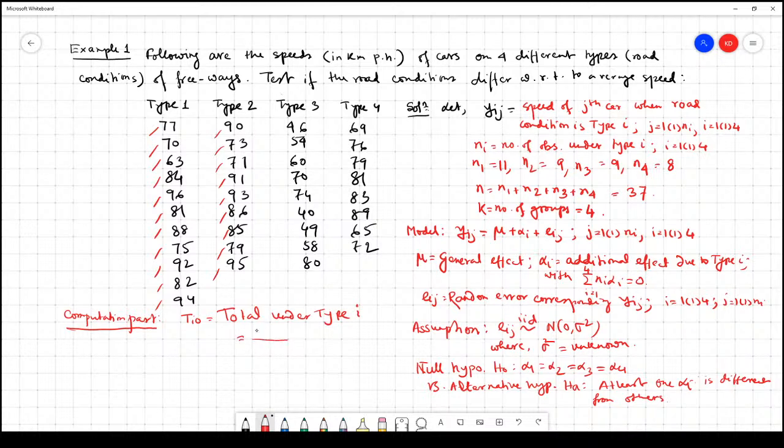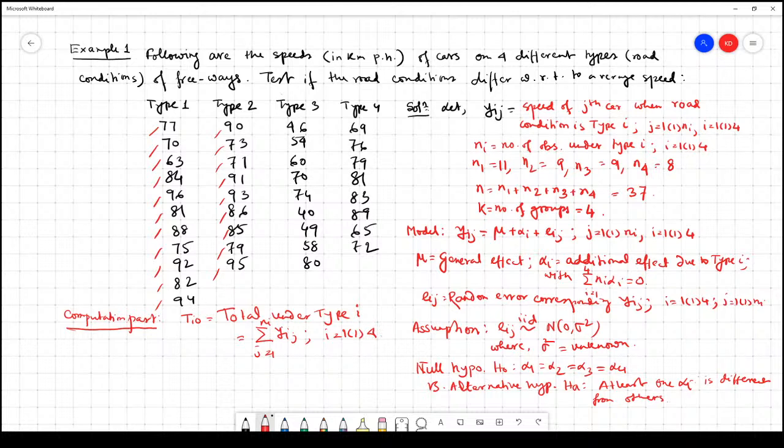This is equal to the summation of Yij, j from 1 to ni, for i from 1 to 4.